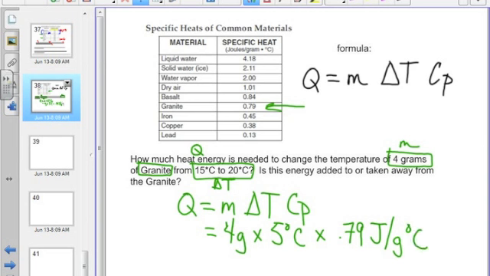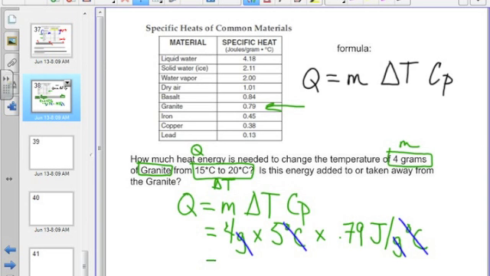That's a heck of a unit. But here's where the magic happens, because we get to cancel out. The degrees Celsius cancel out, the grams cancel out, and we are left with only one unit, that is joules, and that is what our measure of heat energy should be in. Let's just do a little bit of arithmetic. What do we find?